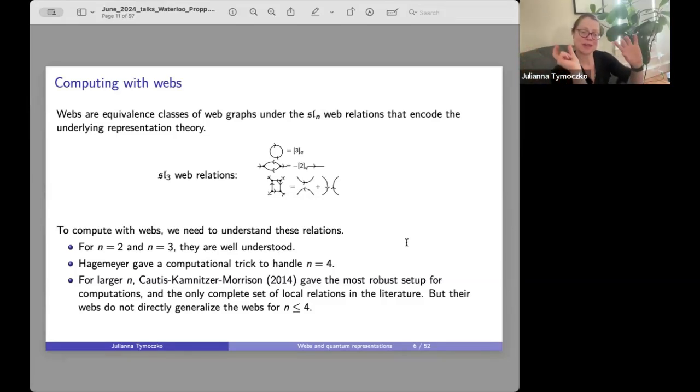When Brundan, Chemnitzer, and Morrison write things down and prove them carefully, things that I think people believed, that there should be some way of writing a relation down, they add tags to their edges to keep track of whether on each edge you are thinking about a fundamental representation or its dual.